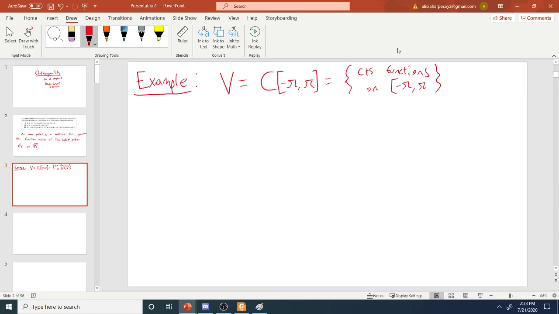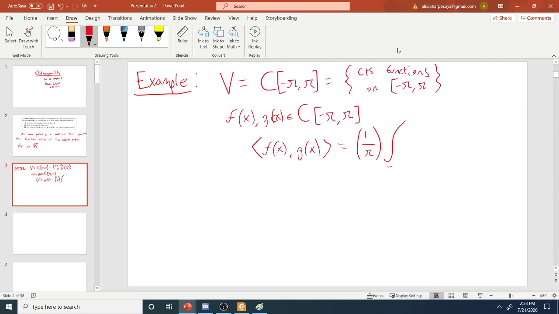And we're going to define the following inner product. If f of x and g of x are two functions on this interval, then the inner product of f of x with g of x is defined to be 1 over pi times the integral from negative pi to pi of f of x times g of x dx.